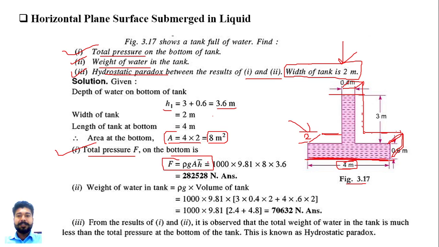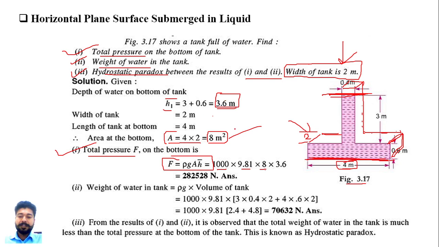Rho is the density of water, g is 9.81, the area of the bottom of the tank is 4 into 2, which we already found, and h bar is the depth of the CG from the free surface, that is 3 plus 0.6. This one is your h bar.